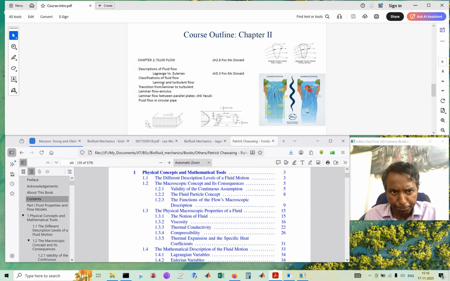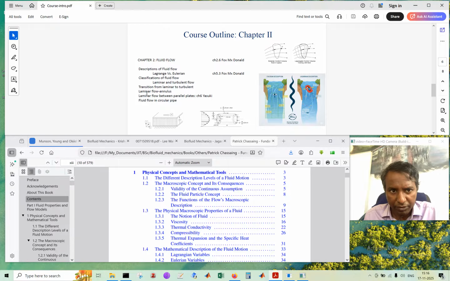And there is the classification of flow into 2 types, laminar and turbulent flow. These can all be derived from the Navier-Stokes equation. In fact, the transition from laminar to turbulent and the Reynolds number, which is a dimensionless number, all these concepts can be easily understood from this.